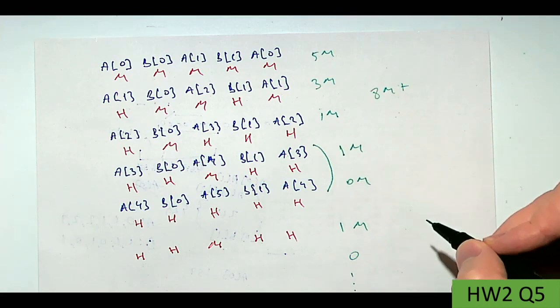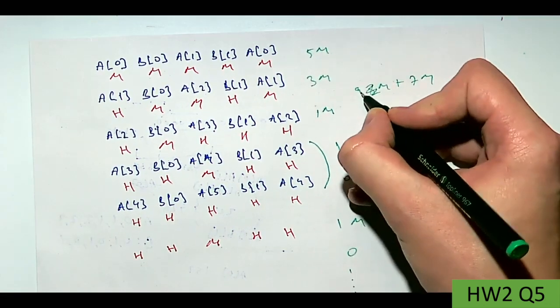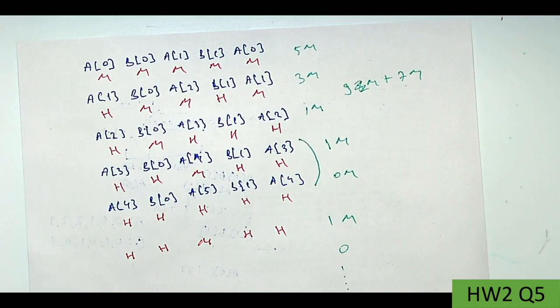But 6, 7, right? So we'll have 7 more misses here. Sorry? 13. Yeah, it's 7, isn't it? Oh, yeah, okay. Sorry. This is 9. Okay. Yeah, so in total we have 16 misses. And then the rest will be hits.